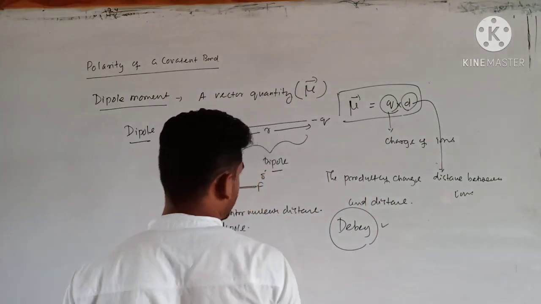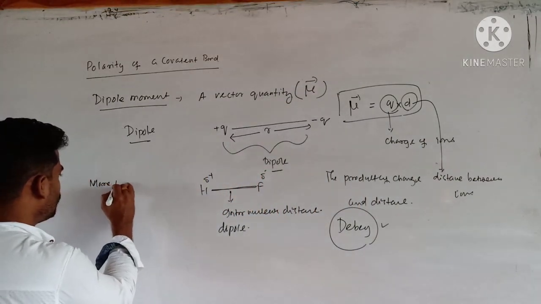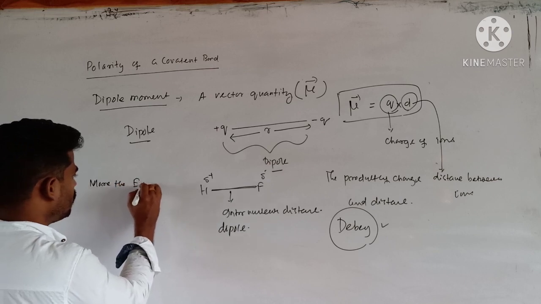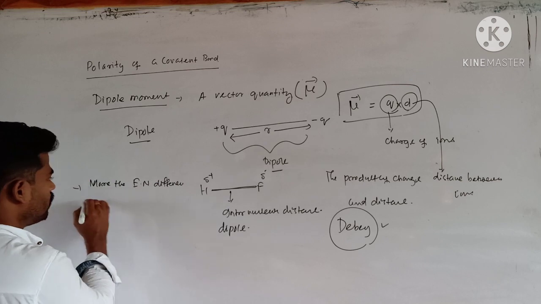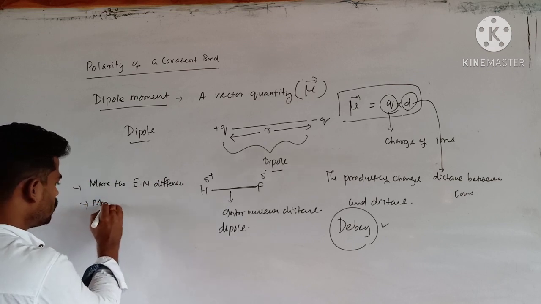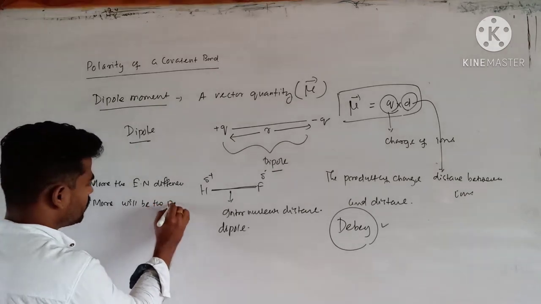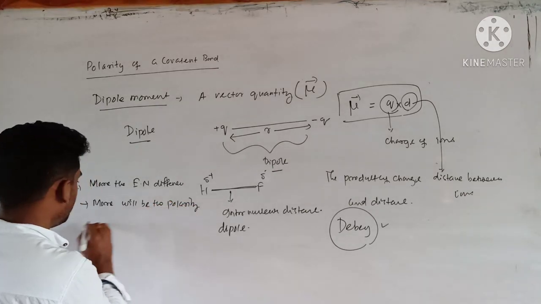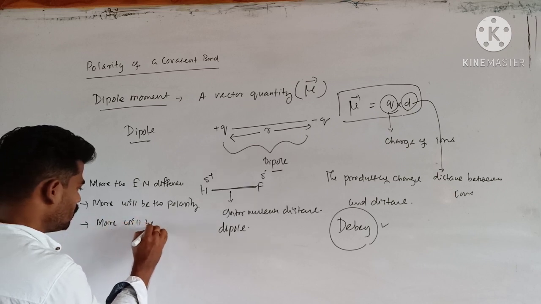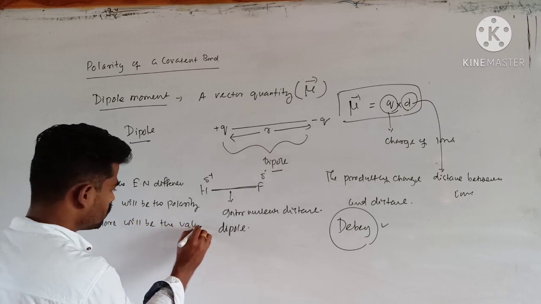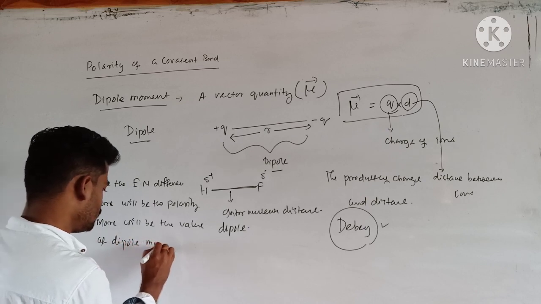Remember the concept over here: the more the electronegativity difference, the more will be the polarity and the more will be the value of dipole moment.